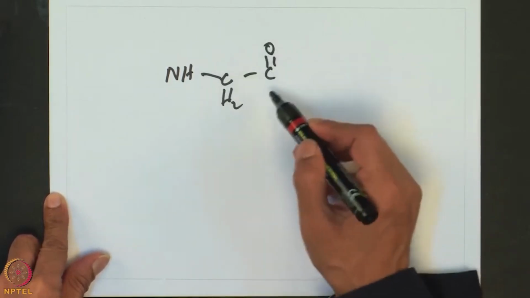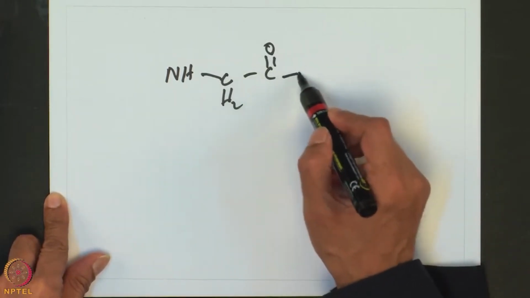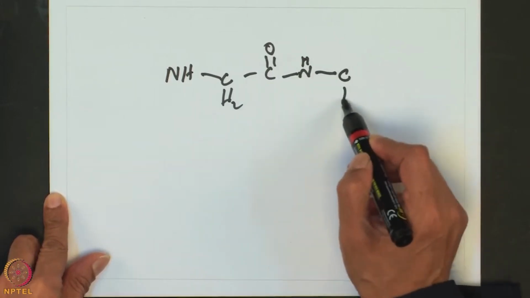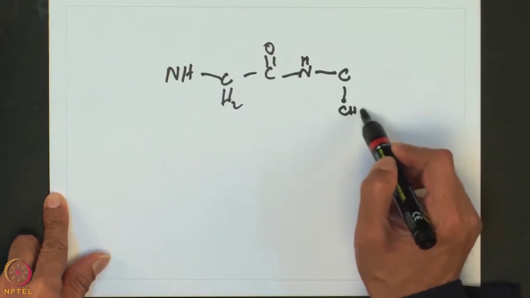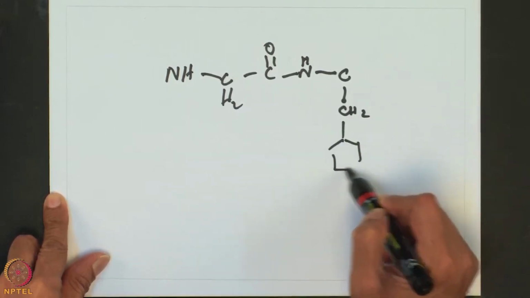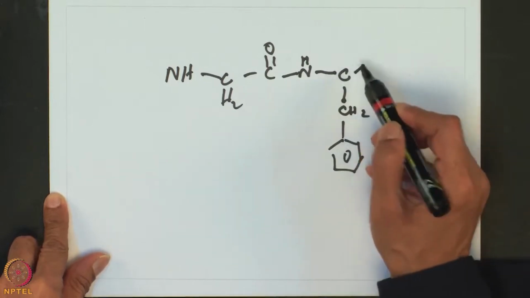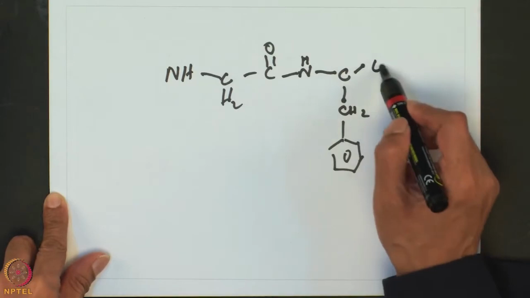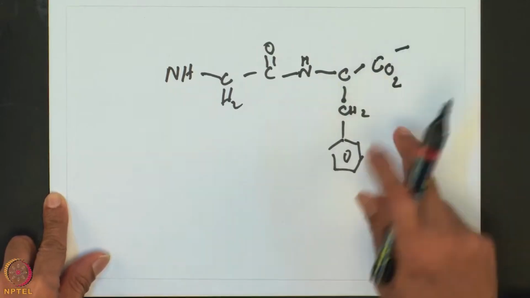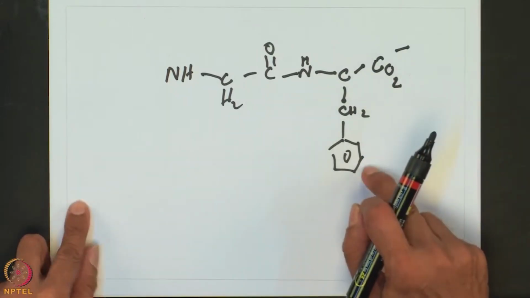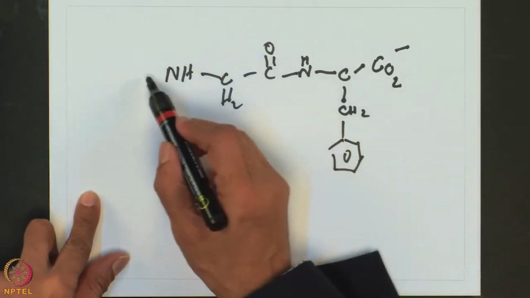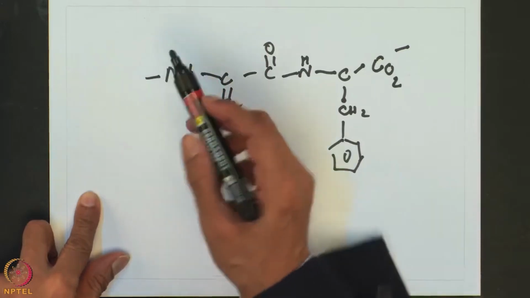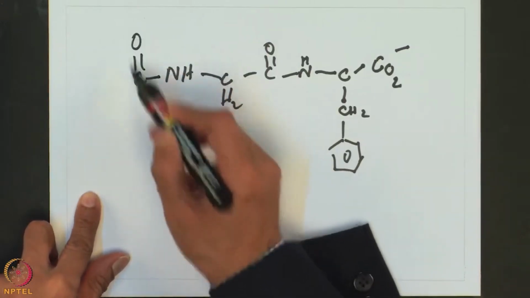So, this is the glycyl, this is the peptide bond, and this is the C alpha. Here you have CH2 and here you have phenyl. And then you have CO2 minus. So, this is the carboxyl terminal, it will recognize from this, and this is blocked by some other group here.